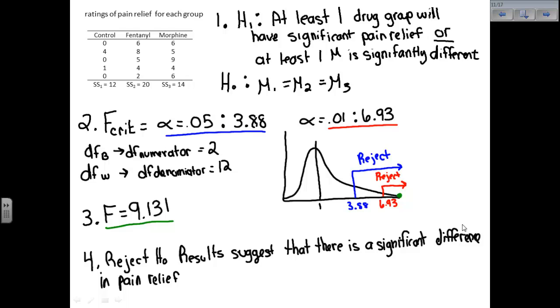And that significant difference in pain relief is among those 3 pain medication conditions. Now at this point, we don't know which pain medication is significantly different from the others. And we don't know which one is better or worse or any of that because we haven't done a post hoc analysis yet. But before we do the post hoc analysis, let's go ahead and look at the R squared, or the effect size.